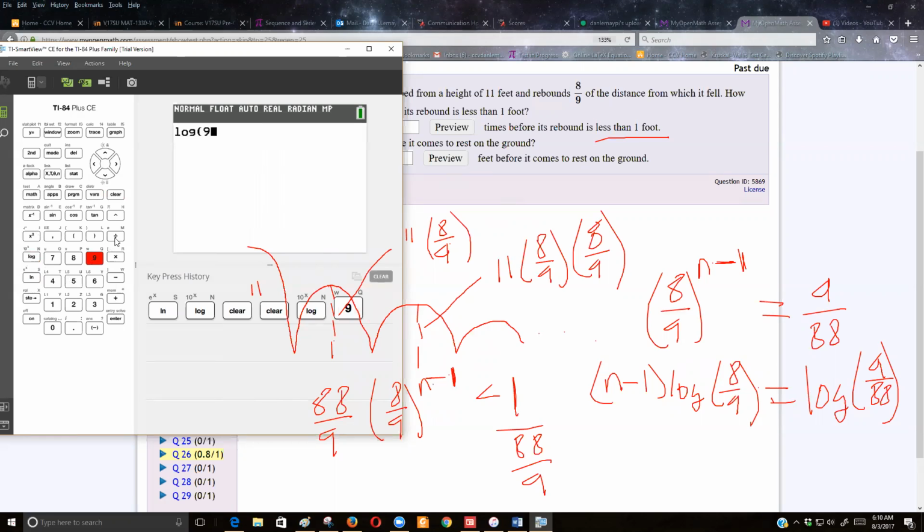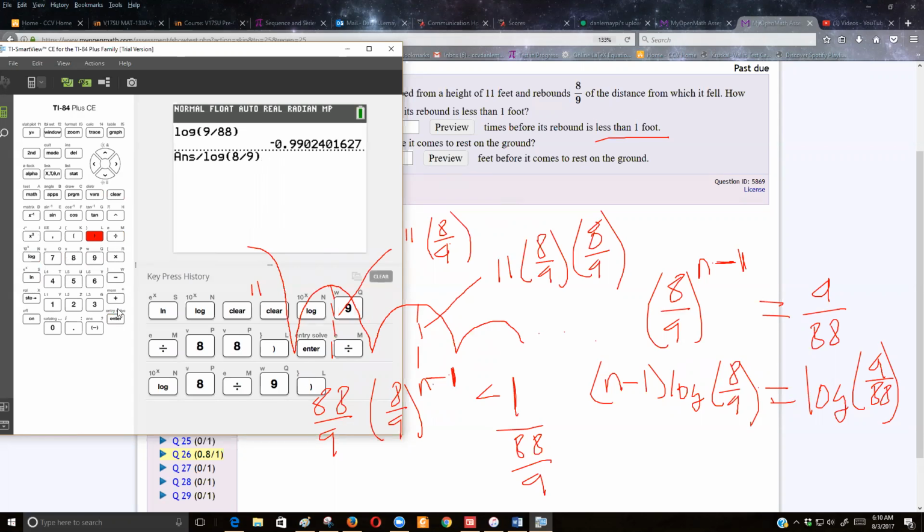So the log of 9 divided by 88, and then I'm going to divide that by the log of 8/9. It almost feels like that would simplify, but I'm not going to worry about it. And then I have to add 1, because it's n minus 1, to solve for n, I've got to add 1.